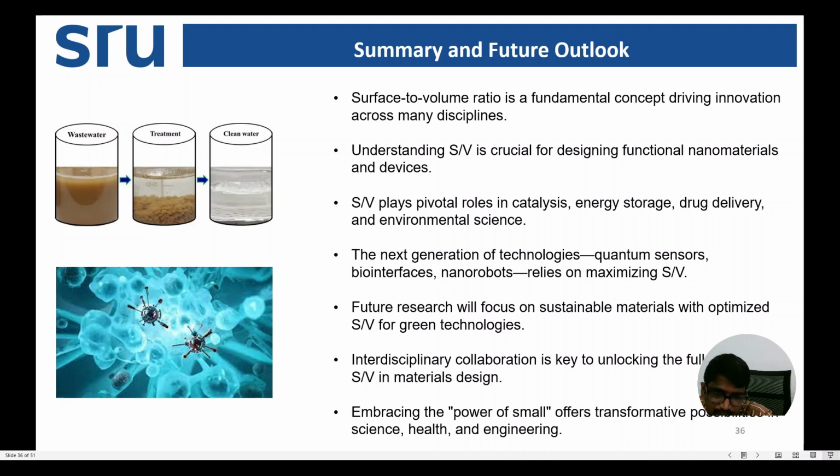Band gap, optical properties, and display technologies: how these are interlinked, and how quantum confinement affects the end application. We will discuss this in the next class, about the quantum confinement effect and optical properties of nanomaterials.